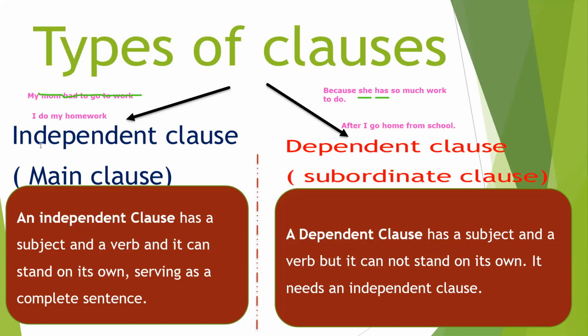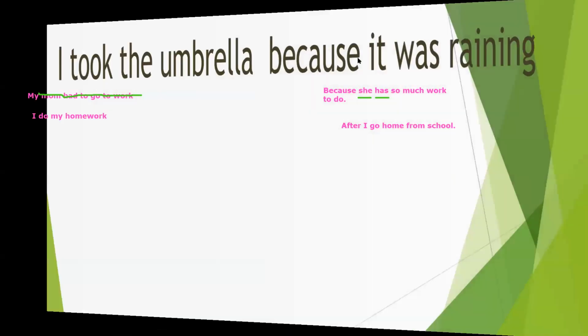It has a subject and a verb and it serves as a complete sentence. However, after I go home from school is called a dependent clause. It does have a subject and a verb because it's a clause, but it cannot stand on its own. It doesn't give a complete thought and it definitely needs an independent clause to lean on. It's dependent, you know. It can't depend on itself.